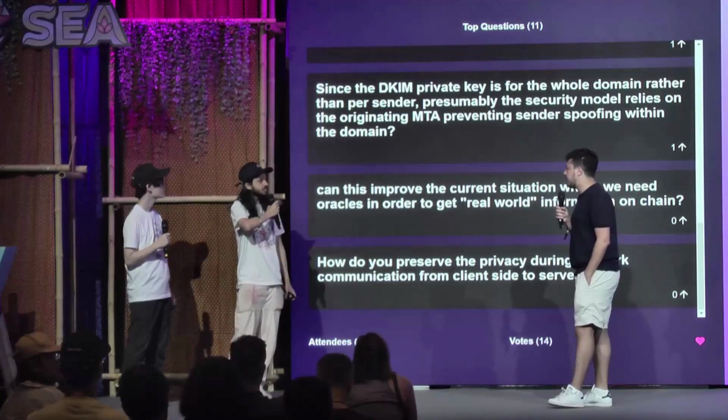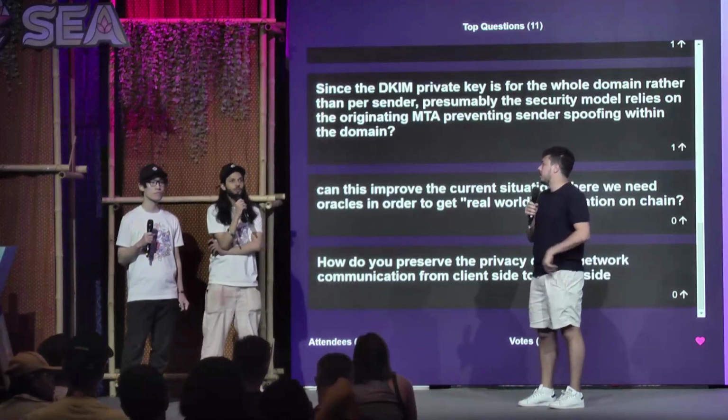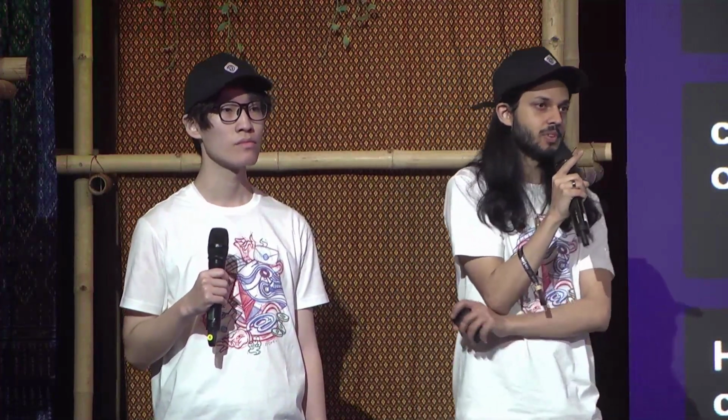Yeah, so the idea here is that yes, because you're only verifying the signature from the domain, you are trusting that that specific domain is in fact disambiguating senders correctly. The nice thing here is that most email providers that most people use, like Gmail, Outlook, iCloud, etc., definitely have this in by default because it would be very bad if they didn't. But we have noticed that some folks don't.